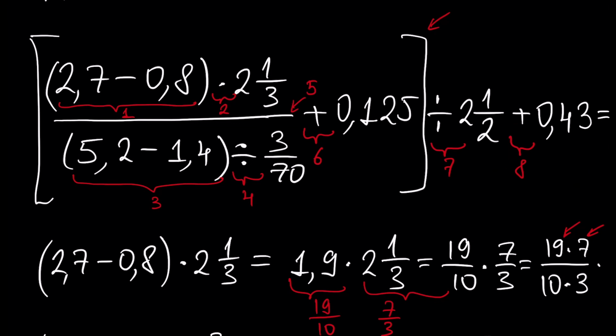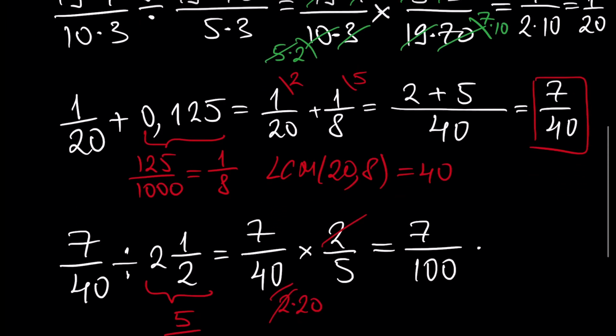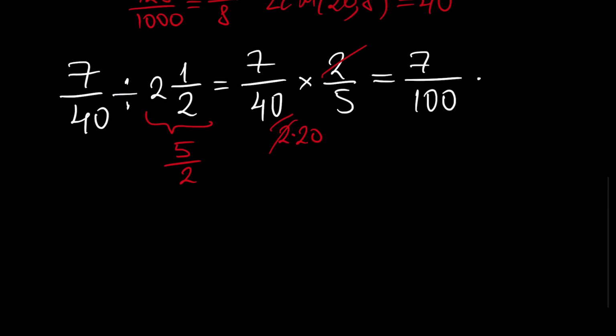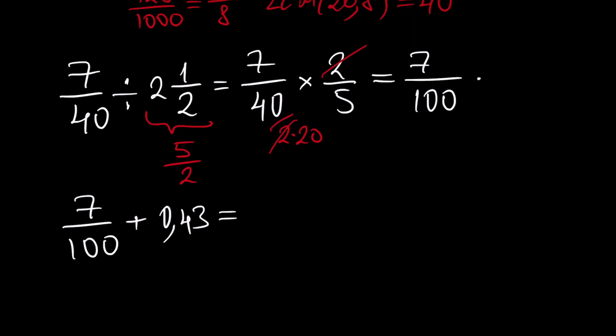And let's do it, which is plus 0.43. So we take 7/100 and write plus 0.43. And 0.43 is 43/100.